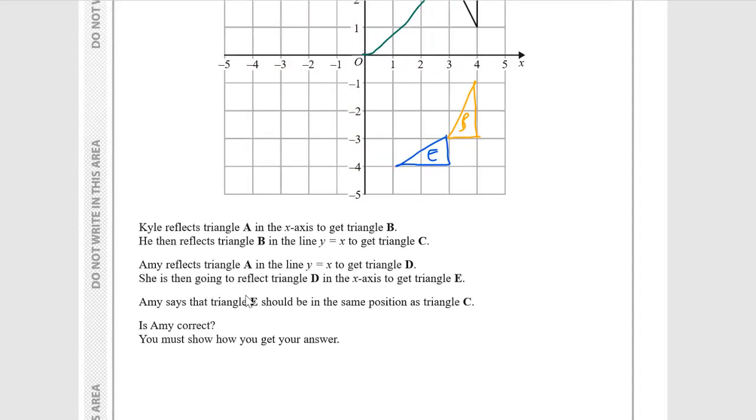So Amy says that triangle E should be in the same position as triangle C. Is Amy correct?